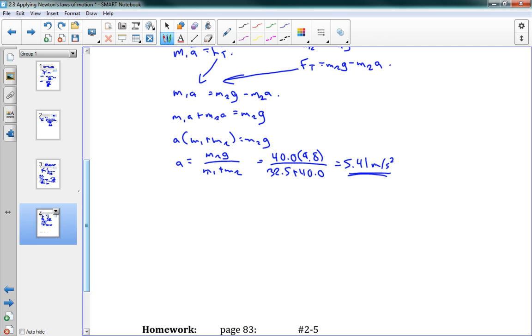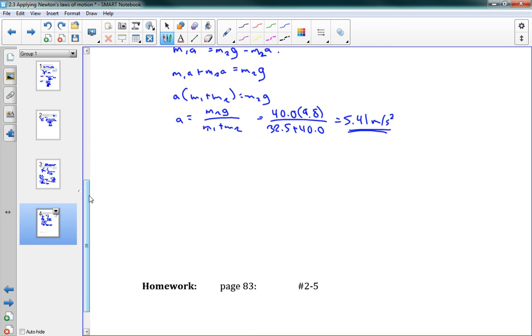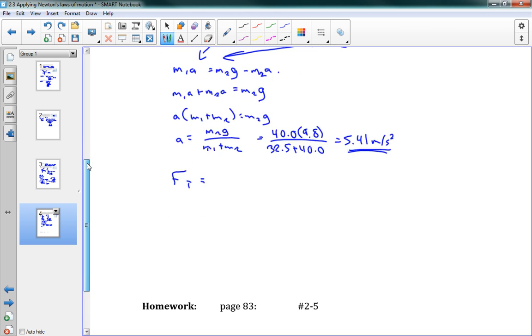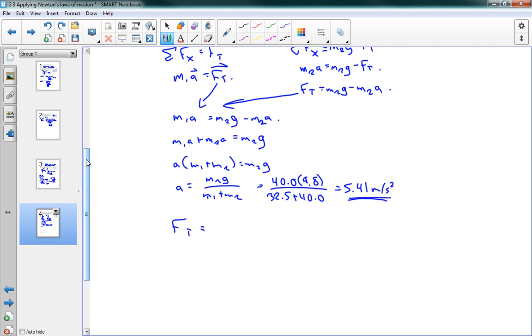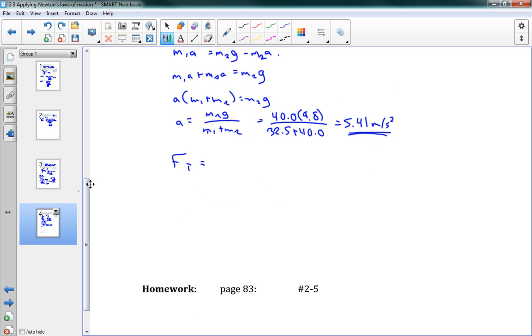And it also asks for the magnitude of the tension. So let's just find that here. We'll just use either of these equations. So Ft equals m1a. And I can fill this in here. That's 32.5 times the value we just found, 5.41, which is equal to 175.7 newtons.